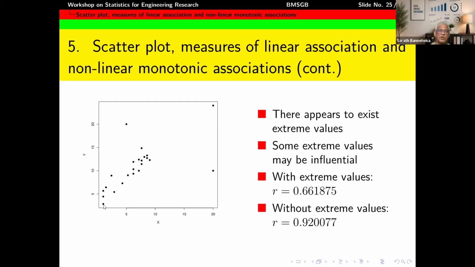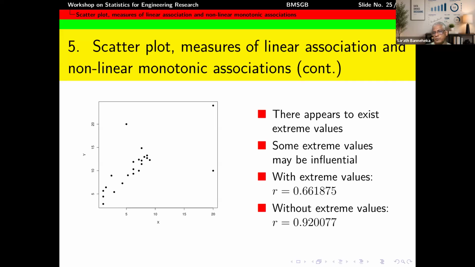But if you calculate the correlation coefficient including these observations, it might give you a smaller value indicating a moderate positive linear relationship. And similarly, the value you get with these observations might be largely different from the correlation coefficient you get from these values.